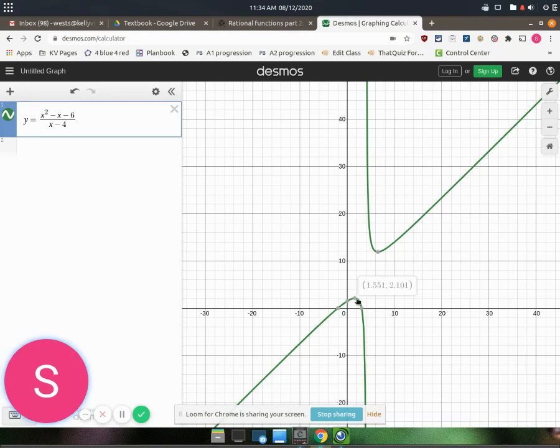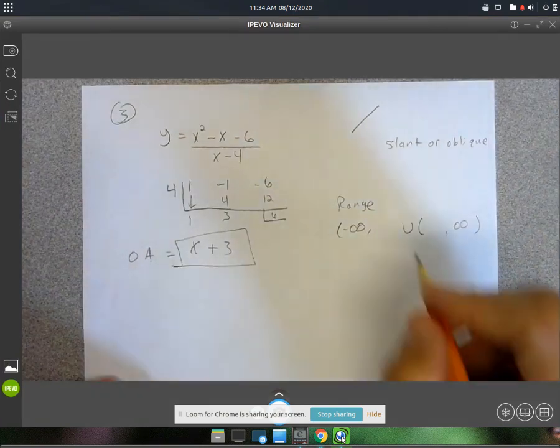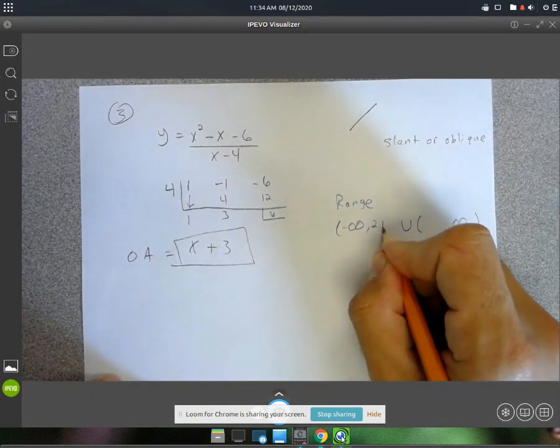Our lower bound here is actually 2.101, and in this case, it actually reaches that point. It's not like there's a vertical asymptote there where we can't cross it. 2.101 is actually defined on this, so 2.101 will be included this time.